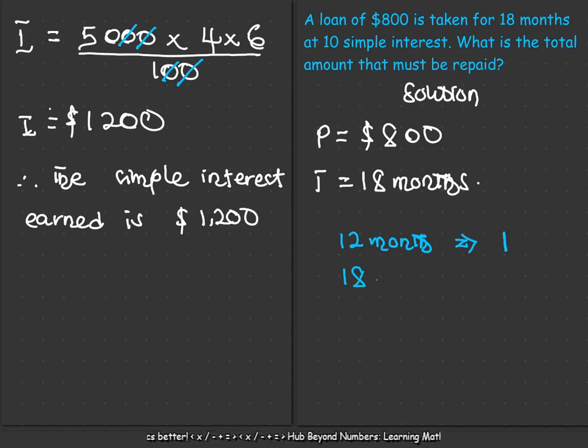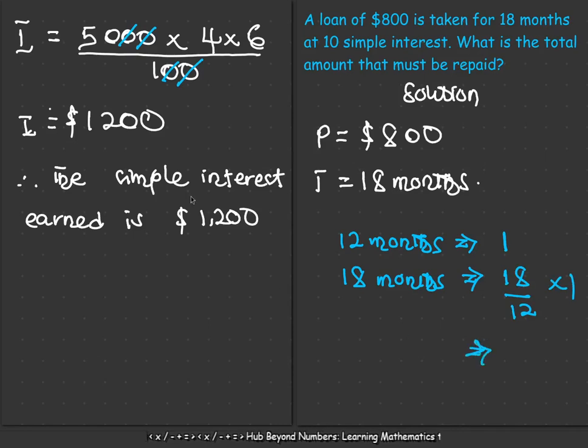So 18 months, you see, we want to apply proportion. 18 months, would it be more or less? If more, let's divide. So that is 18 over 12 times 1. And if you evaluate this, what are you going to get? You are going to get 1.5. So this simply means our time is actually 1.5 years.